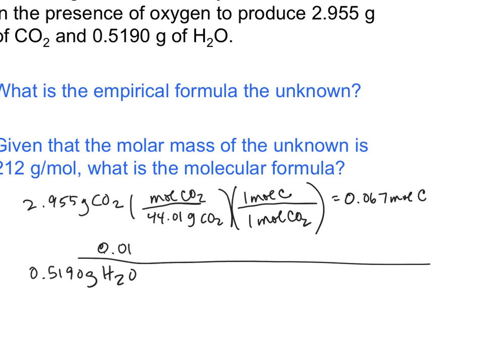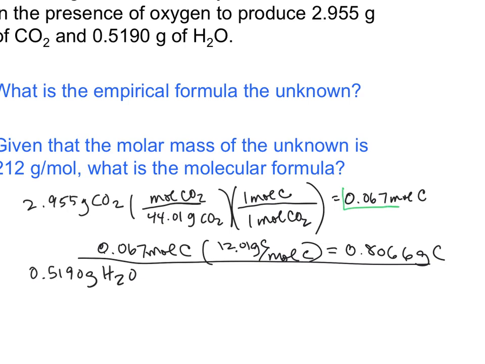Then we can continue here and say 0.067 moles of carbon times 12.01 grams per mole of carbon, and that'll be equal to 0.8066 grams of carbon. All right, I like to color code here.